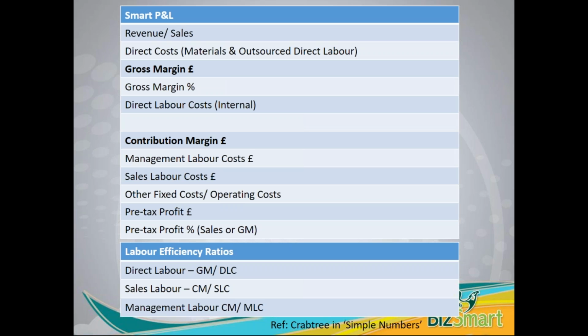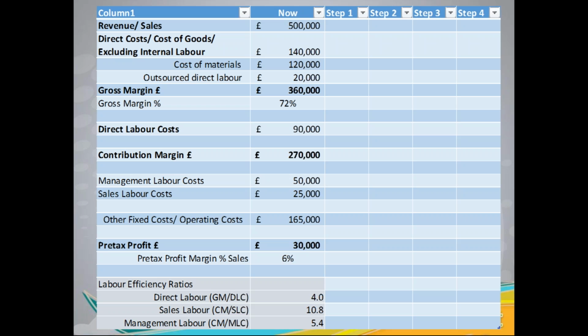So if we're running a manufacturing company and we're trying to improve the productivity and efficiency of our labour force on the shop floor, then the direct labour ratio is a really good overall measure. We might be doing some other things at a more granular level, but that overall ratio is a really good one, and it will give us a unique insight into our business as we grow and as we scale.